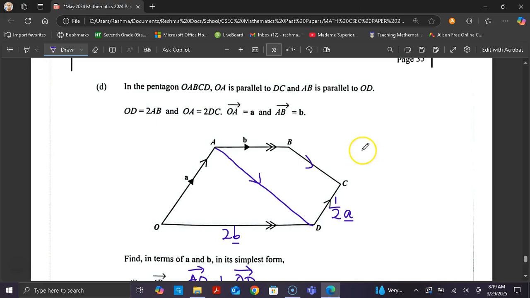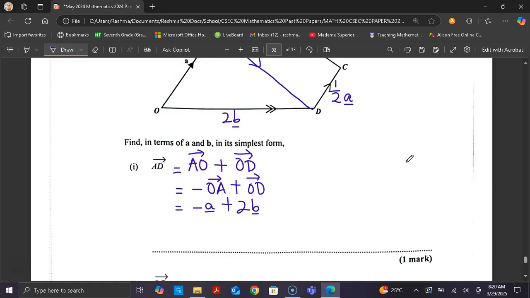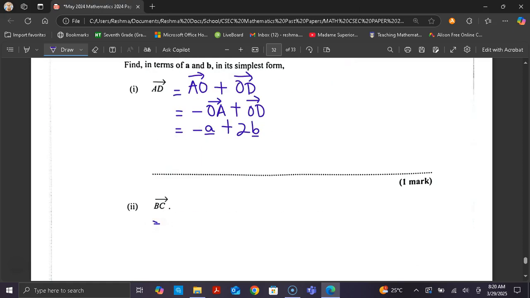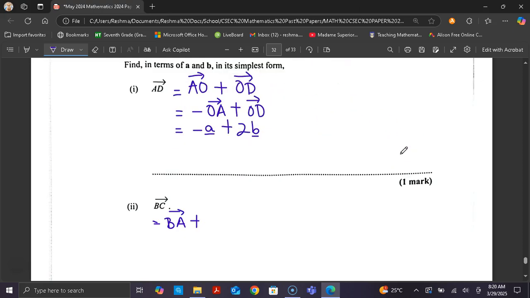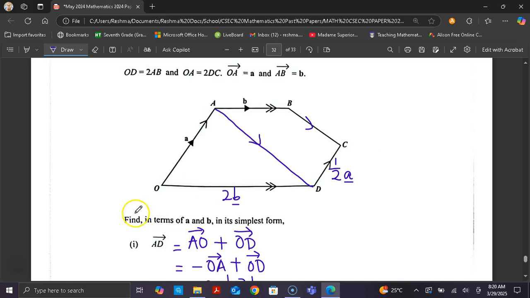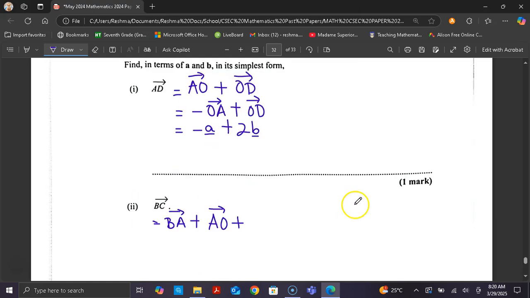So now, if I use the entire pentagon, BC will be equal to BA plus AO plus OD plus DC.